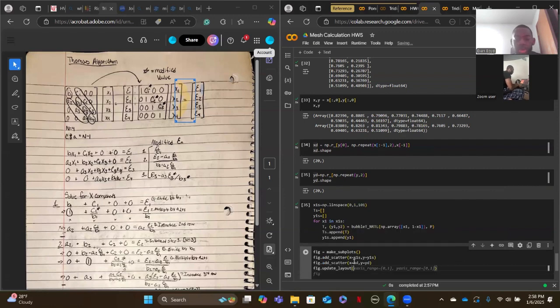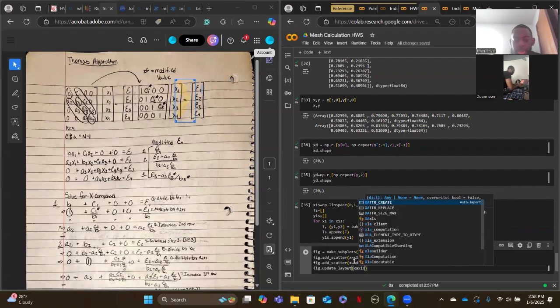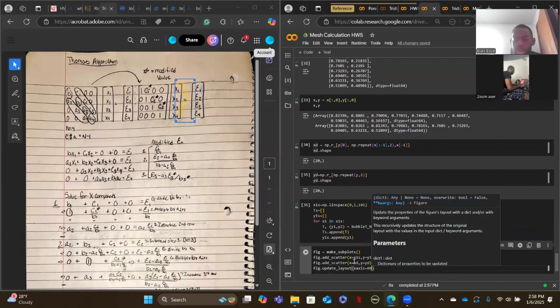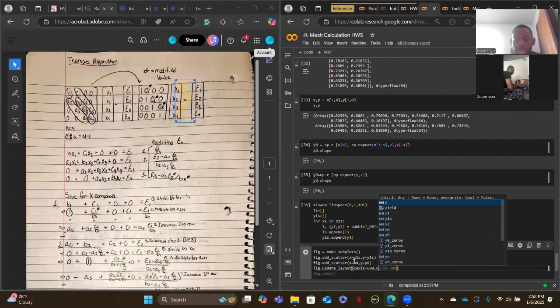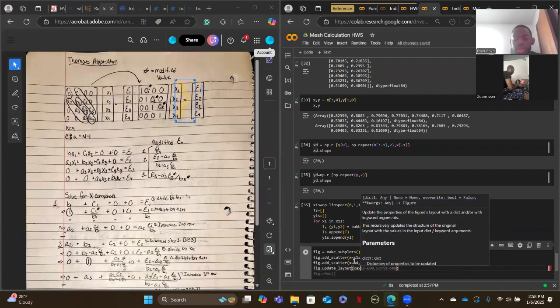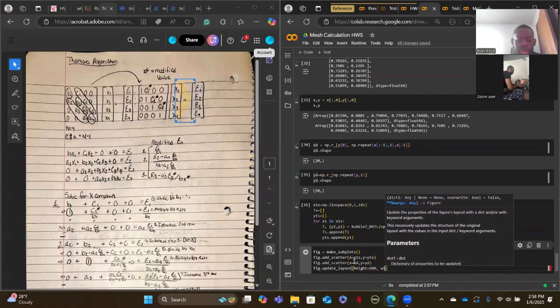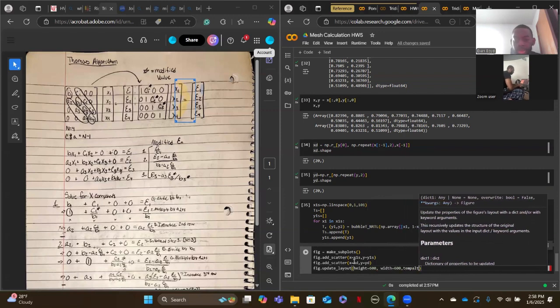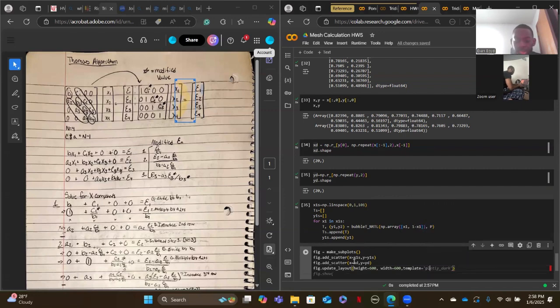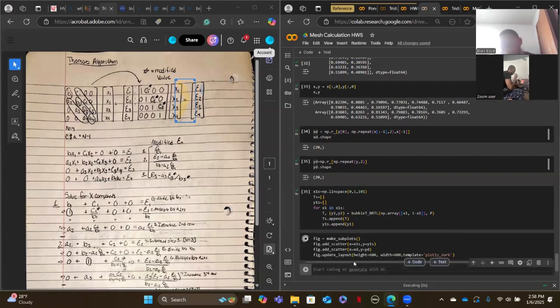Stay true to what we've been doing this whole time. So we have height equal to 600, width equal to 600, template, the trusty old plotly dark. And we shift enter.